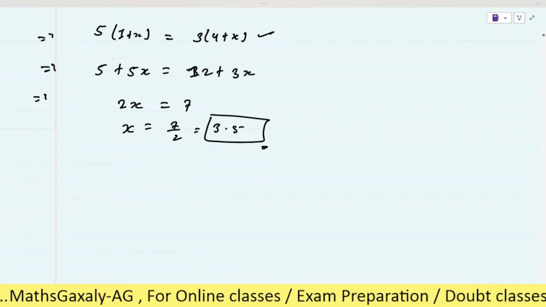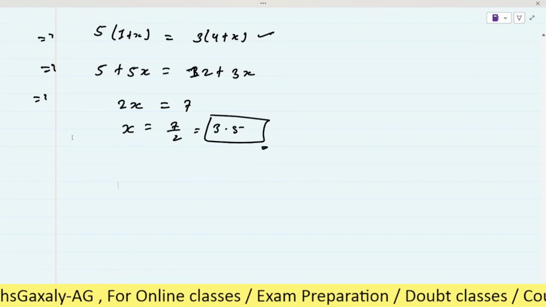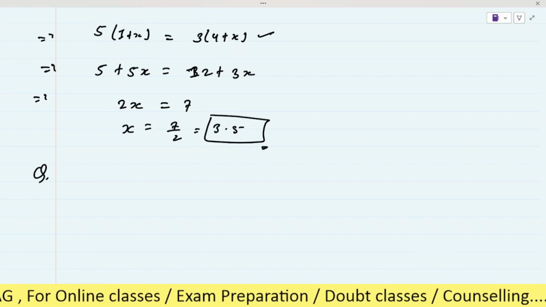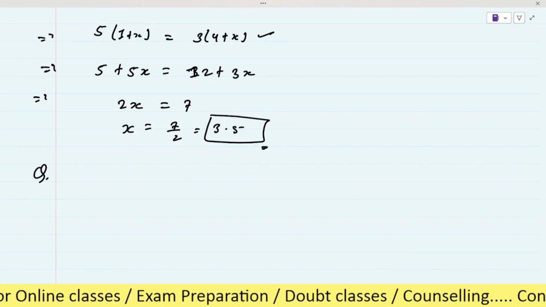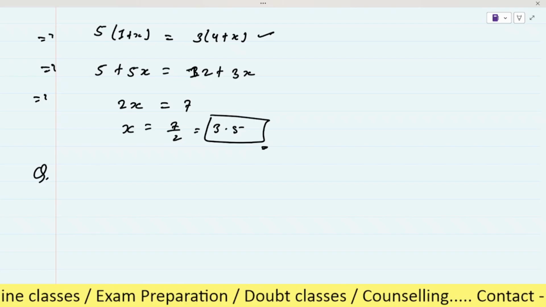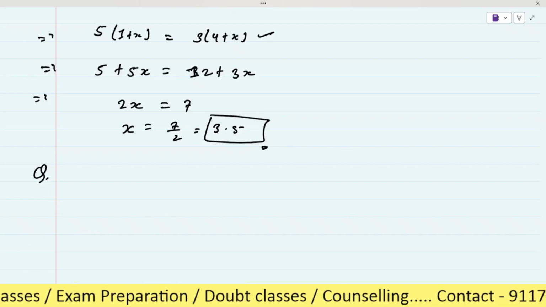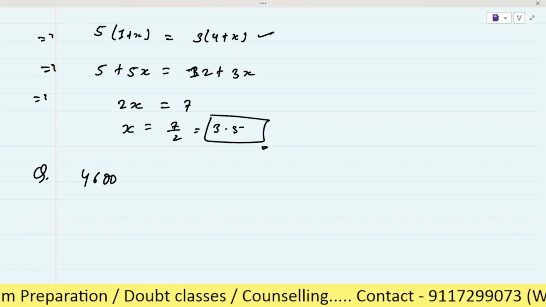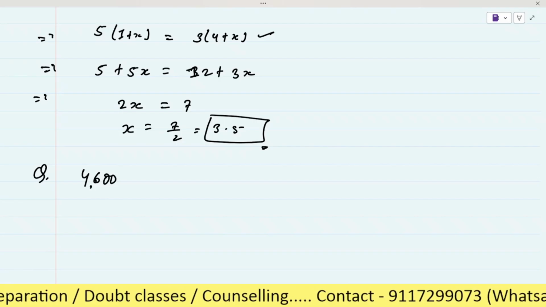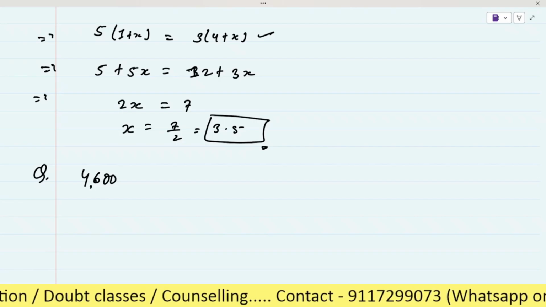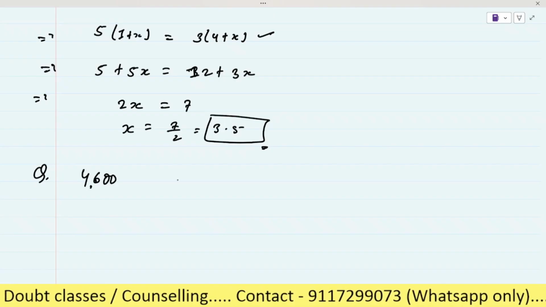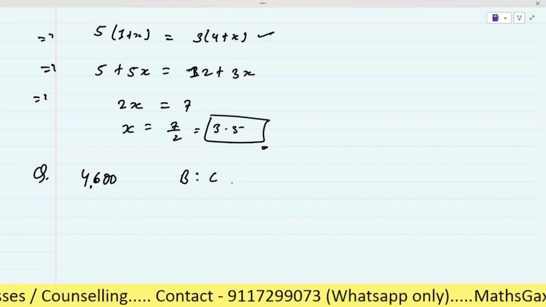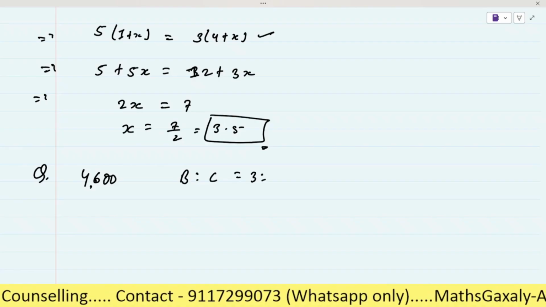Yes, sir. Now let's see the next question. This one we have already solved just before it. It says that A, B and C have a total of 4,600 rupees. The ratio of the money between B and C is 3 is to 5.